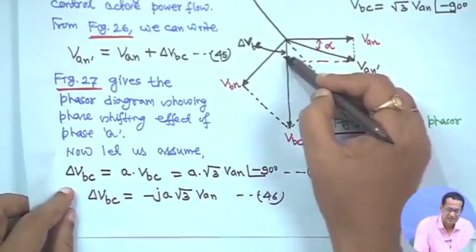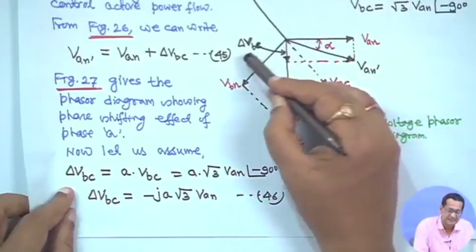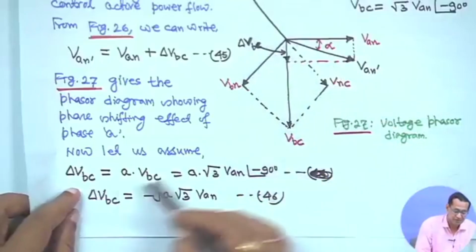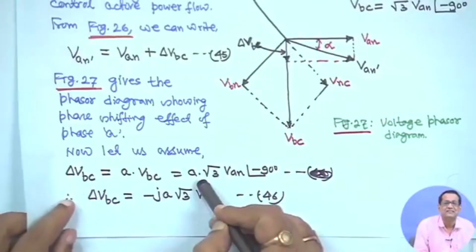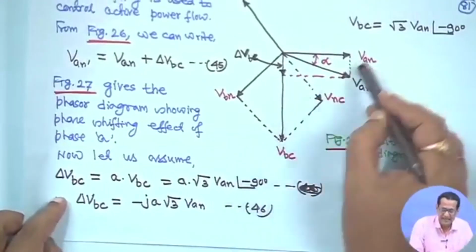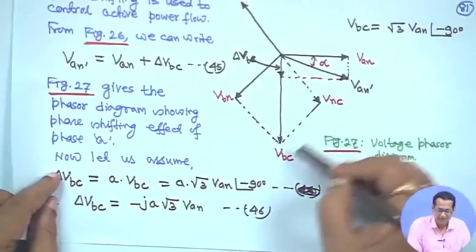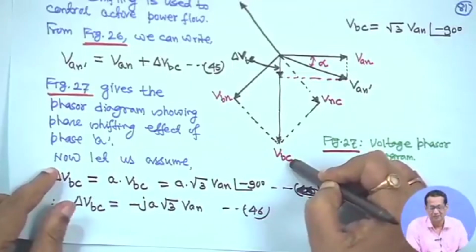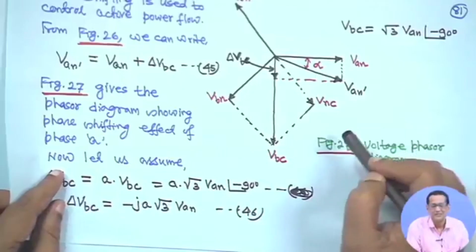This is delta Vbc, from here to here, where A is some fraction. Vbc is lagging from Van by 90 degree, and Vbc is a line to line voltage. Line to line voltages AB, BC, CA are √3 times the phase voltage in a balanced system.